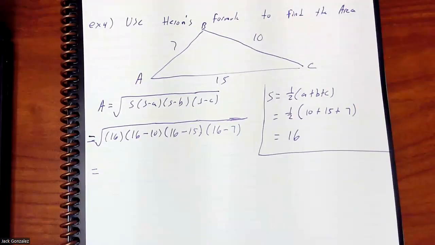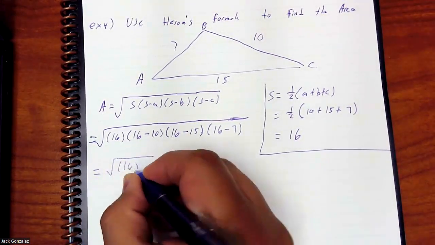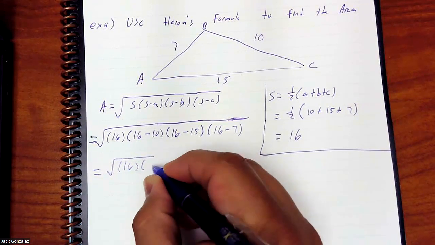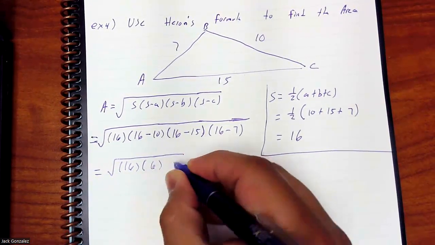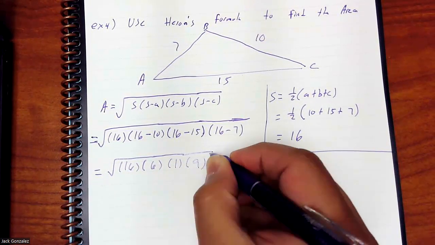You can put them wherever you want. A, B, C first. Who cares? So that will be the square root of 16 times 6 times 1 times 9.